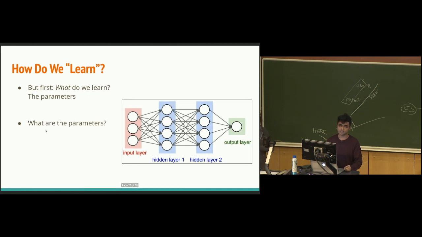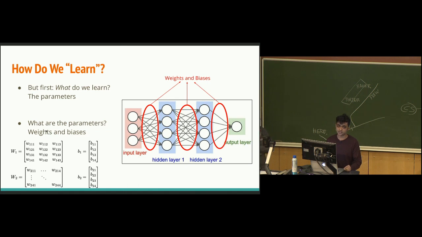And what exactly are the parameters of the neural network? Those are the weights and the biases of the different layers. As we saw in a perceptron, we have a weight for every single input. And so in an MLP, for every layer, we put the weights in a matrix and the biases also in a matrix. And each column of the matrix would be the set of weights associated with the particular perceptron.